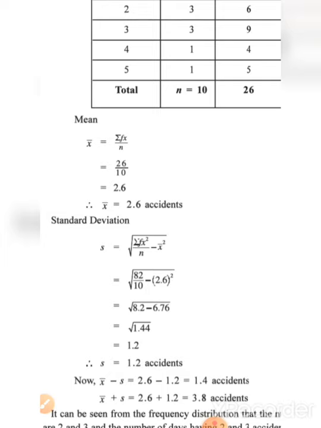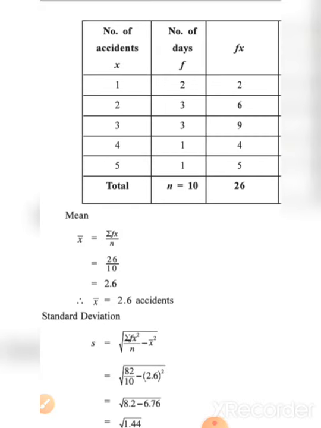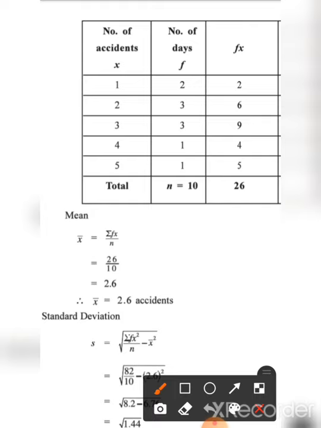So we are going to find the number of days lying between 1.4 accidents and 3.8 accidents. For that we will see the table, the first two columns of the table, where x bar minus s is 1.4 accidents.